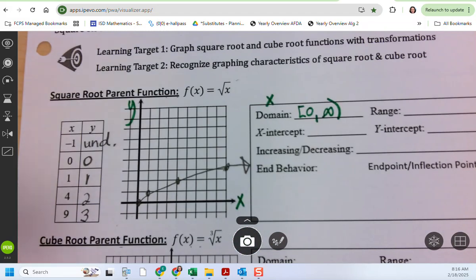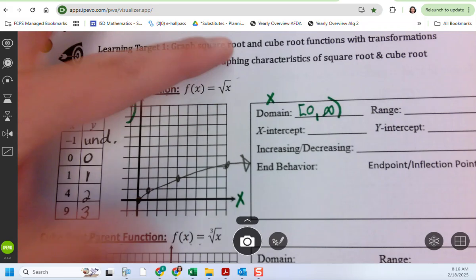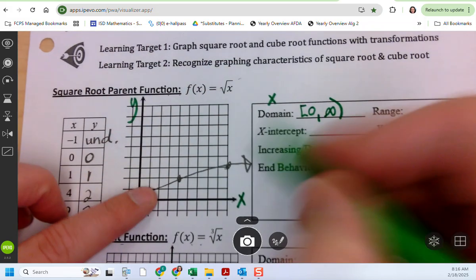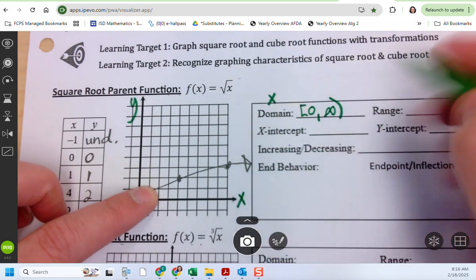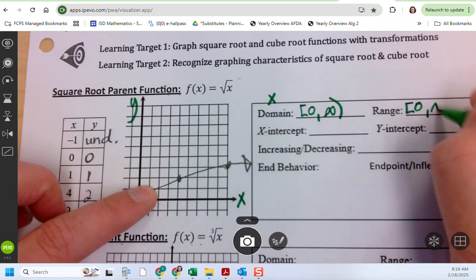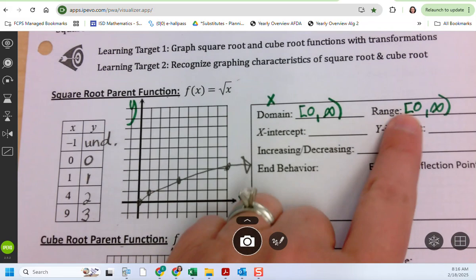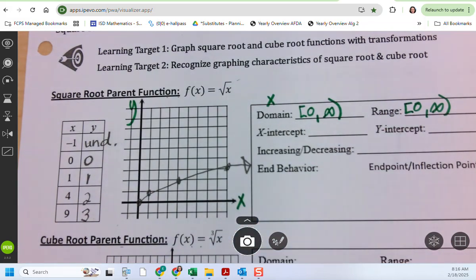Range is your y values, so your y values also start at 0. That's the first y value that's defined. And then it keeps going up. So this arrow here is going right, but it's also going up. So your range is also 0 to infinity. So remember that the square bracket means including 0.